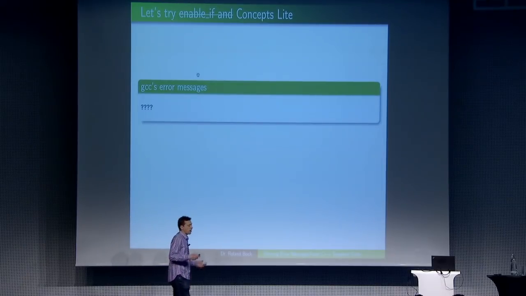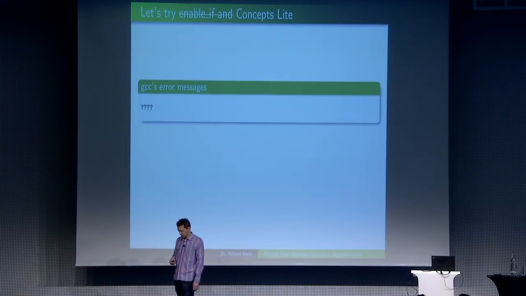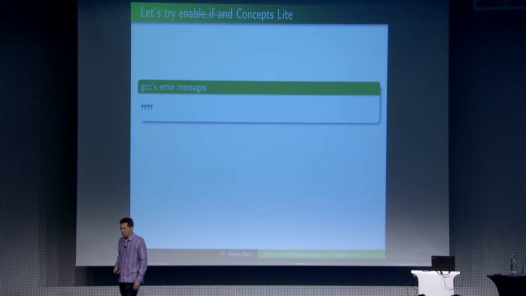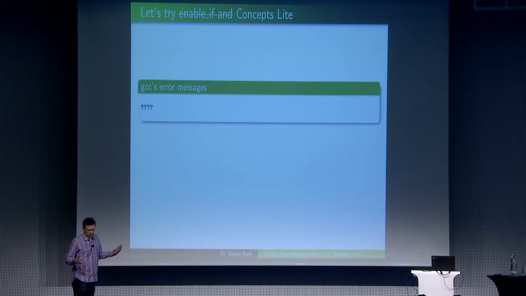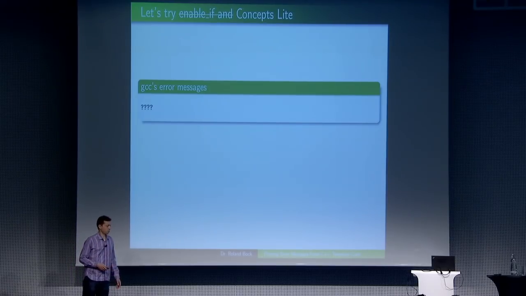But the error messages, I have no idea. I cannot really tell you because, for one, in some of the recent feature additions to the prototype for concepts light in GCC, the formatting of errors got completely messed up. So it doesn't give you clear error messages anymore as of now.